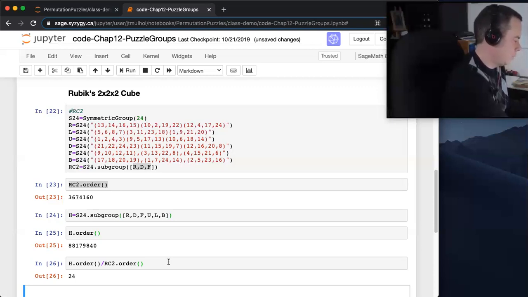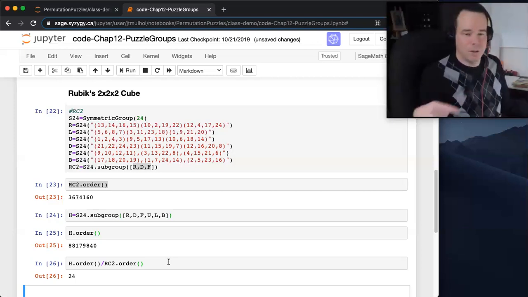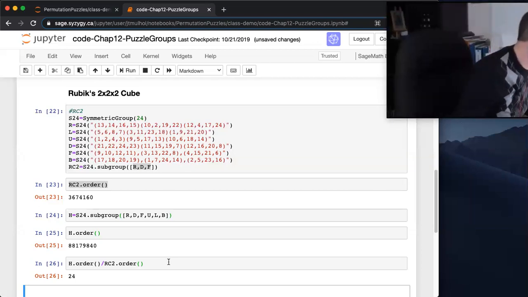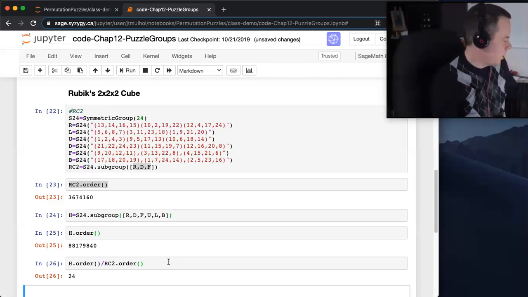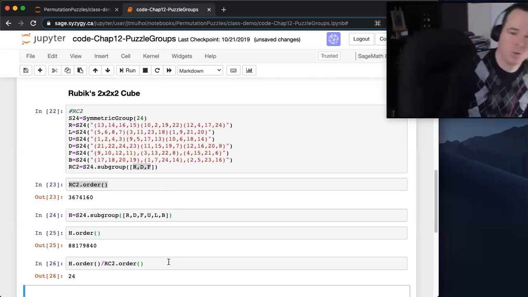But a slice move is really just 2 of these face rotations, and then a whole cube rotation. And so we do not have to worry about those whole cube rotations coming up in our Sage calculations, because we're only using the right, left, down, up, and front, back moves, and those don't move the centers.